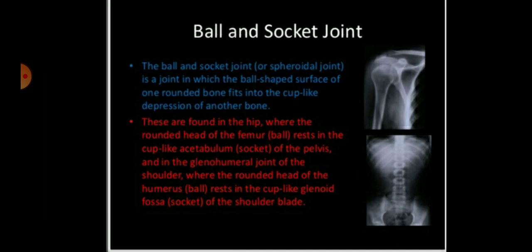These are found in the hip, where the rounded head of the femur rests in the cup-like acetabulum cavity of the pelvis. The ball and socket joint is also present in our shoulder, where all-round movement of the upper arm is possible.